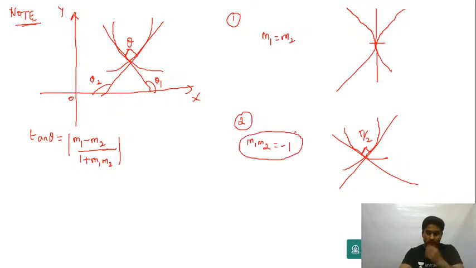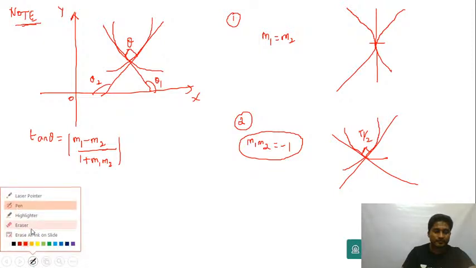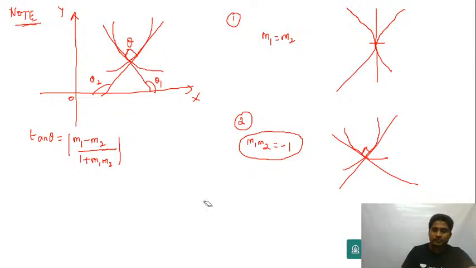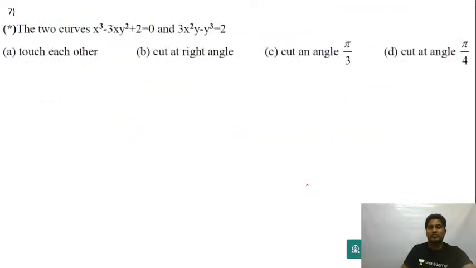So two curves touch each other, m1 is equal to m2; two curves cut at right angles, that is orthogonal, this is 90 degrees, then m1 into m2 is equal to minus 1. Two curves cut each other orthogonally, or perpendicular, or at right angles, m1 into m2 is equal to minus 1.